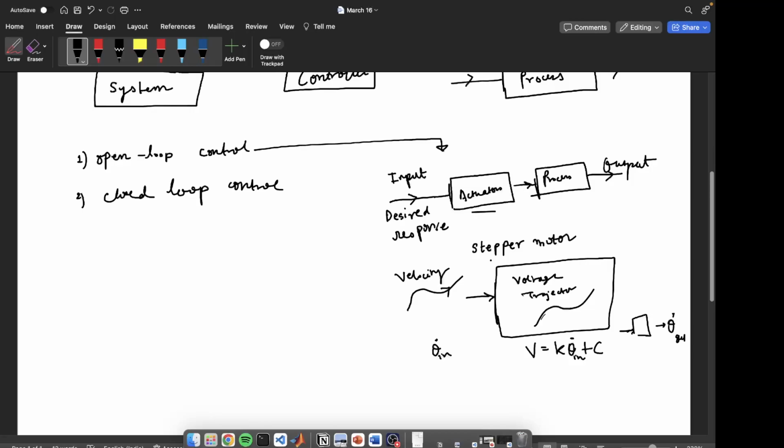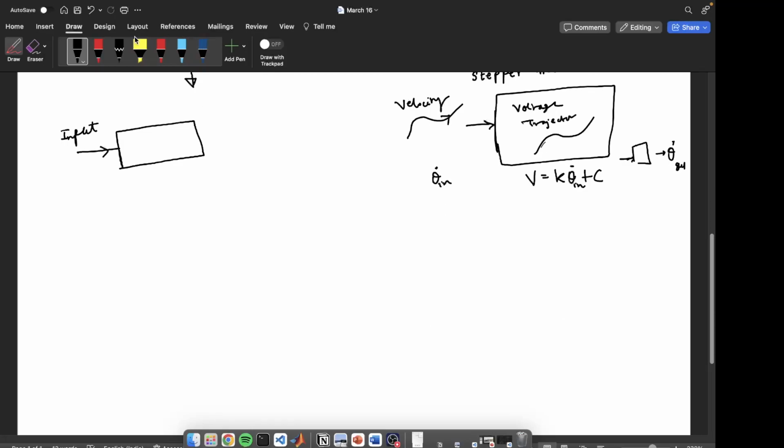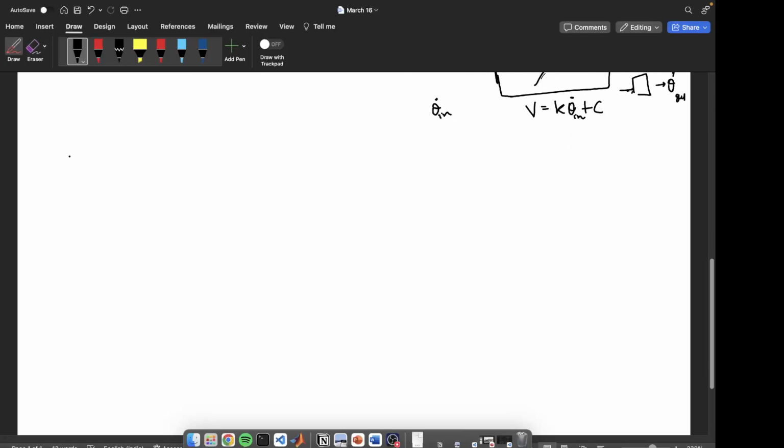That makes it pretty clear what the diagram or scenario will be in the case of closed loop control. Let me draw it here.